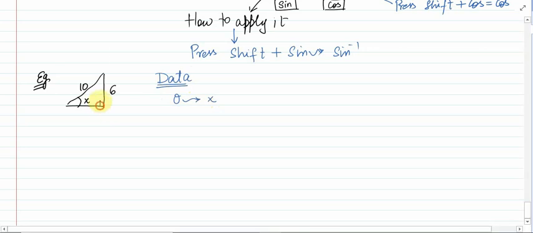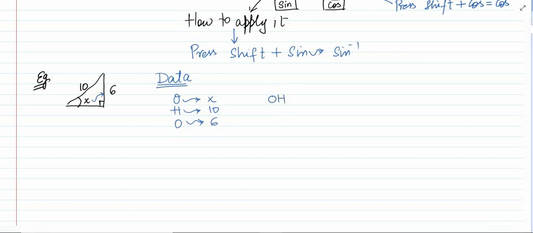Now identification of sides. If this is my right angle triangle, then hypotenuse is 10 and opposite, because it lies opposite the angle, is 6. After that you need to write down your given sides, that is O and H. On the right side of your board I am going to write SOHCAHTOA.